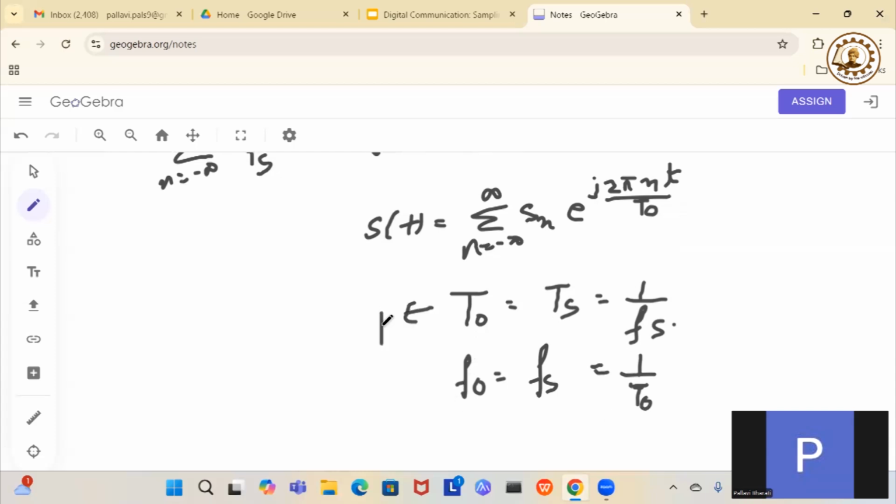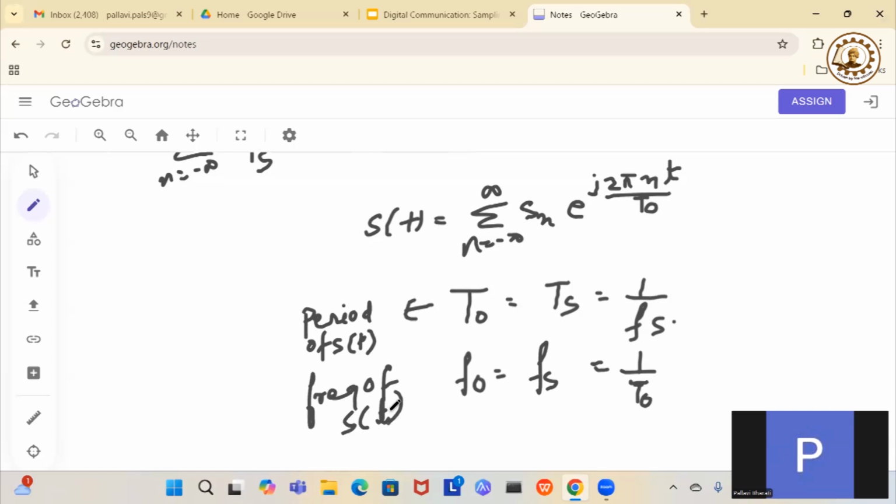Period and frequency of s(t). What is s(t)? s(t) is your sampling signal over here, the rectangular pulses, right? Now, this is your Fourier coefficient.